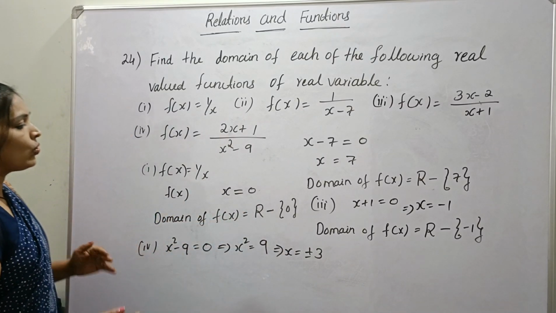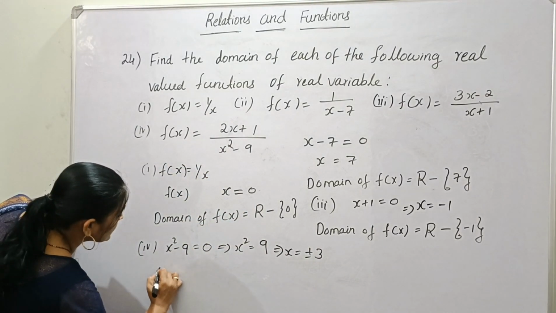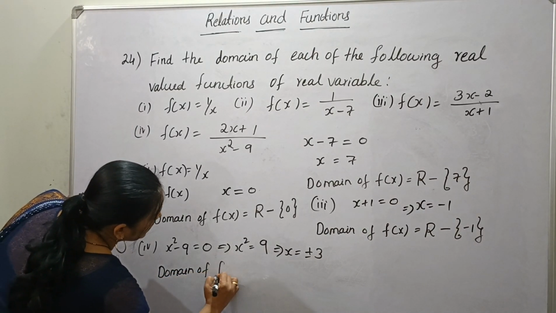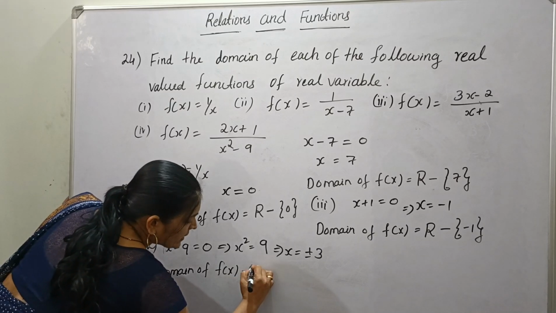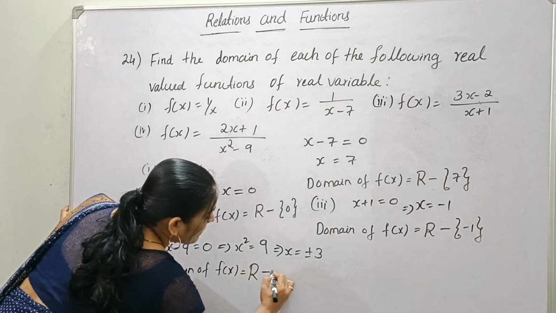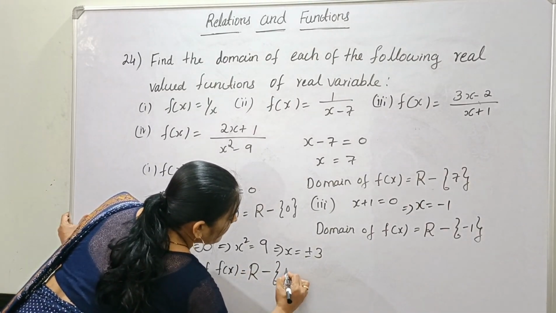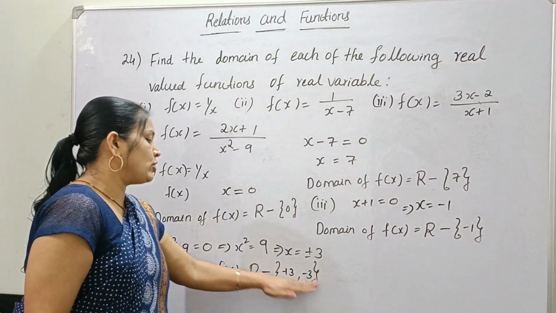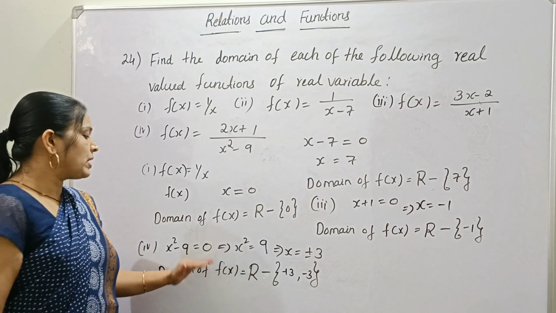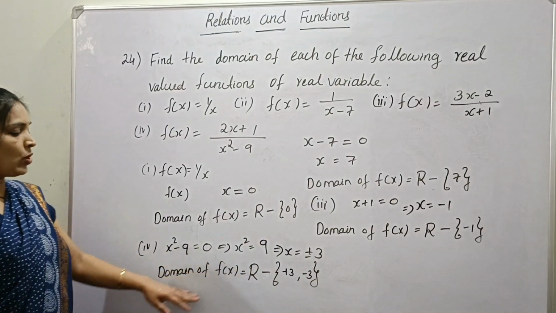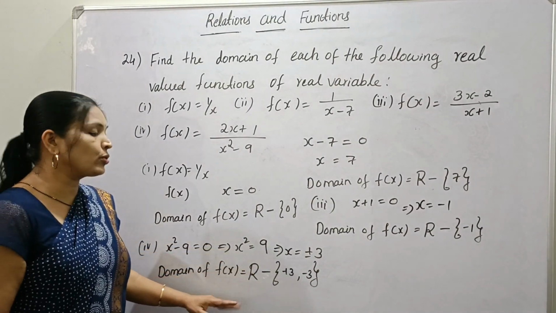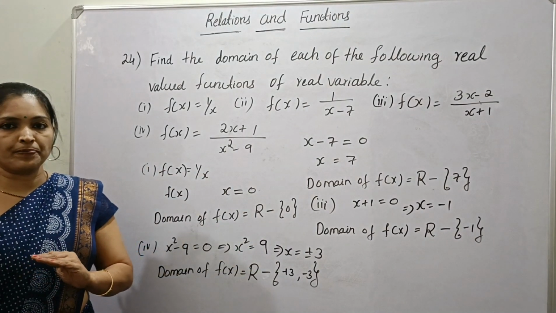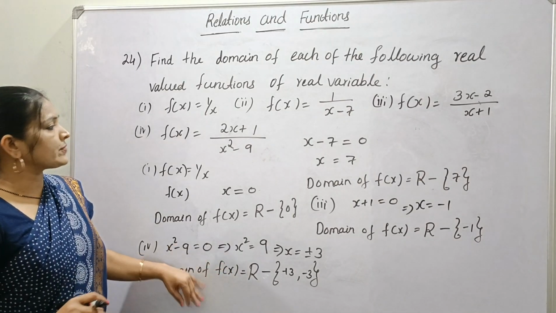Therefore, the domain of f of x is equal to set of all real values except plus 3 and minus 3. Except these values, the set of all real values is the domain of this function.